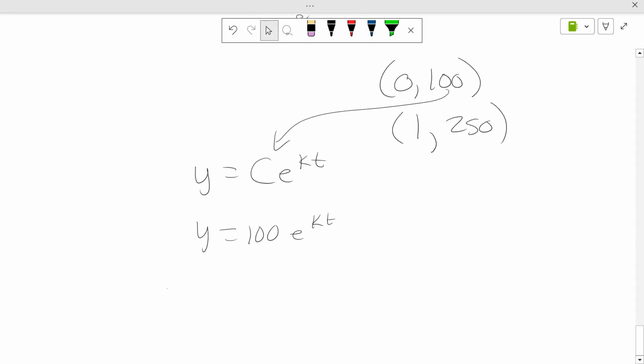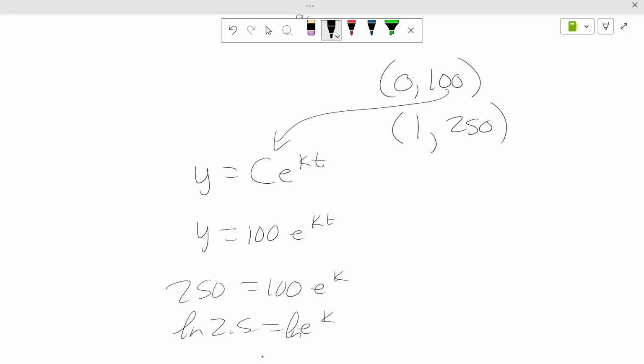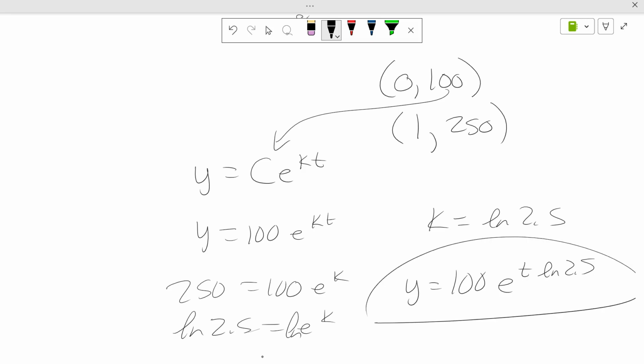So then 250 equals 100 e to the k. So if you solve, 2.5 equals e to the k, ln both sides. So k equals ln of 2.5. So y equals 100 e to the t times ln of 2.5, which is choice B, I think. Okay? So, there we go.